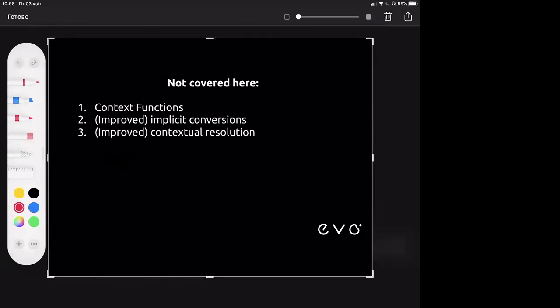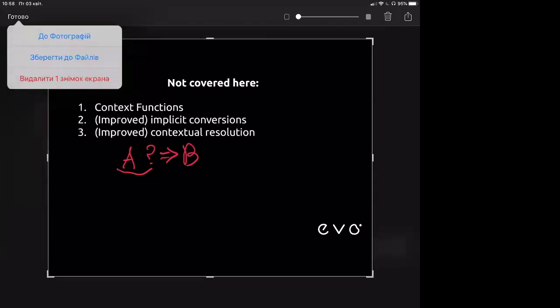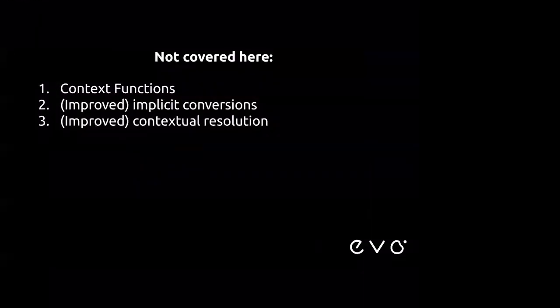The actual syntax is something like, it means that it's a function that takes one given parameter of type A. Implicit conversions was made more safer.